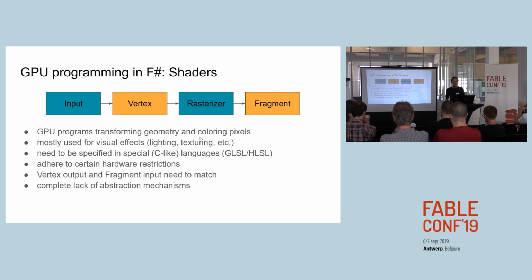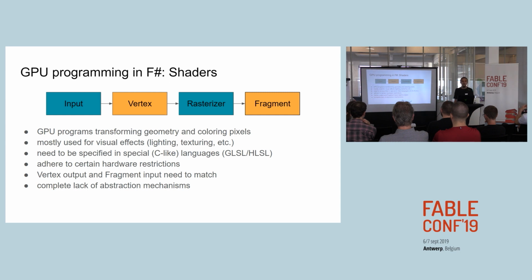Shaders are mostly used for visual effects like lighting and texturing, but there are also computation-heavy uses of shaders, especially since compute shaders exist. But that's not the focus here. Shaders currently need to be specified in super low-level languages.